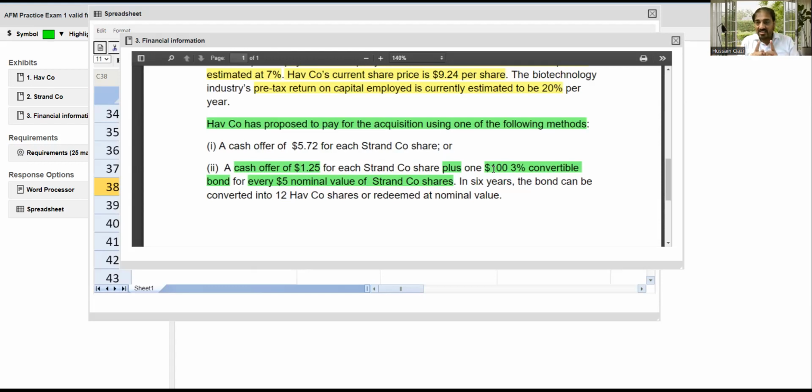So the complete statement is: Have Company offers a cash offer of 1.25 per share, plus for 20 shares of Strand Company, one convertible bond whose value is $100. That's why the price offered for Strand Company shares against convertible debt per share is $5. Are you getting the point?